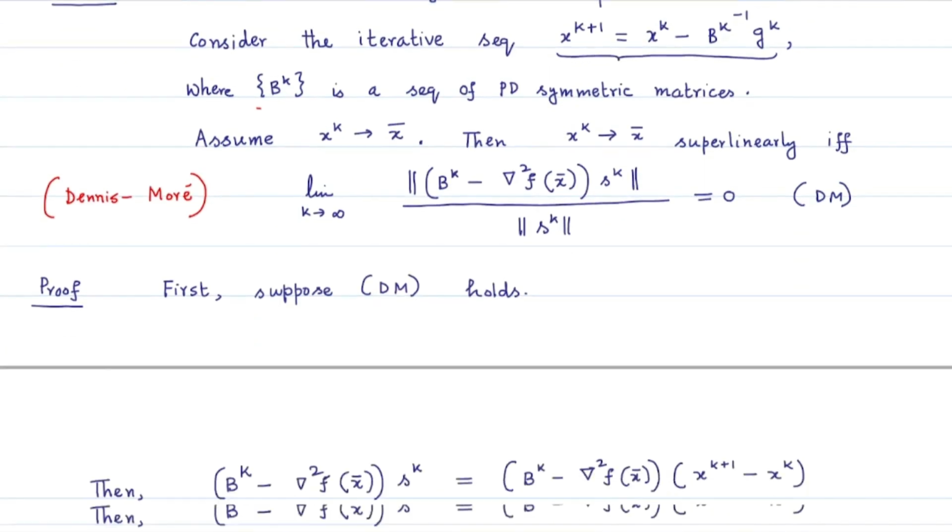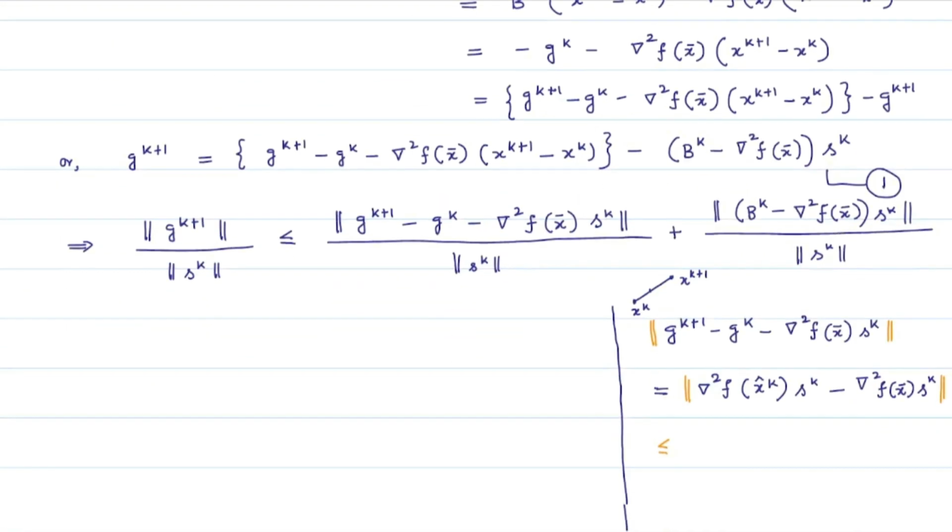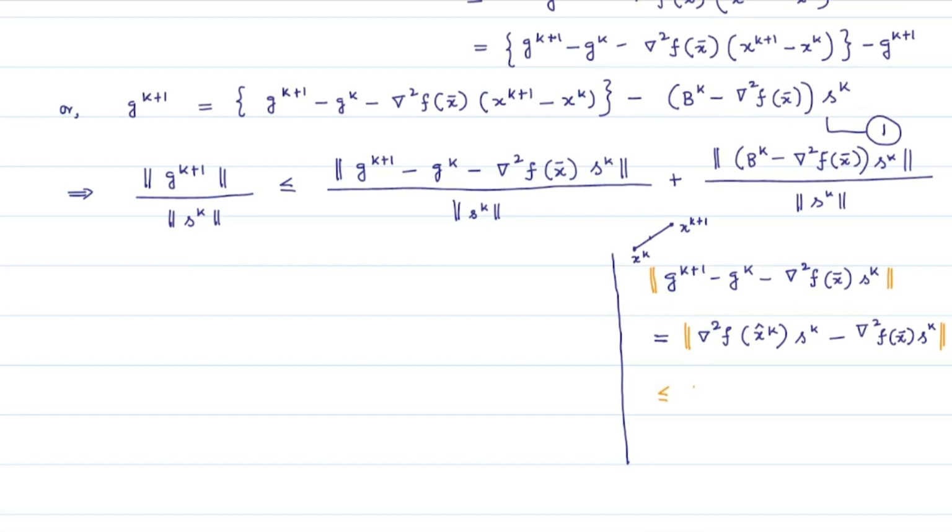So after a certain index number, say k greater than or equal to k naught, we will have this norm less than gamma times the distance between xk hat minus x bar times the vector sk, where this xk hat is a point in between this line segment xk to xk plus 1, and hence xk hat can be written as lambda times xk plus 1 minus lambda times xk plus 1.